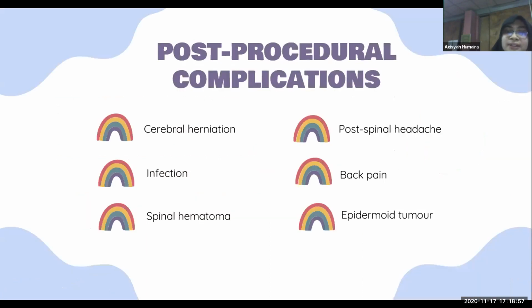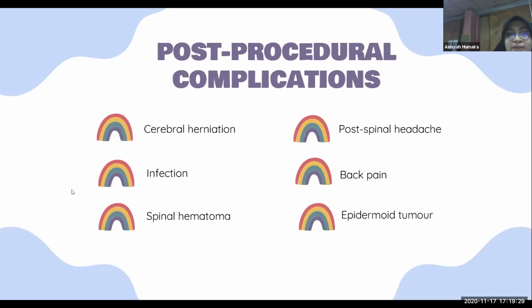These are the post-procedural complications that may happen if we don't do it safely. The first complication is cerebral herniation. This is the most serious complication. It is because of increased intracranial pressure. In this patient, the lumbar puncture lowers the pressure downward and the intracranial contents shift down along the pressure gradient.